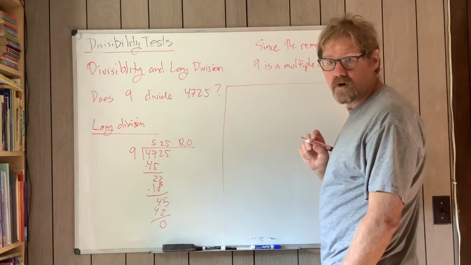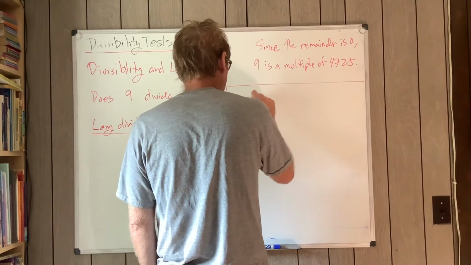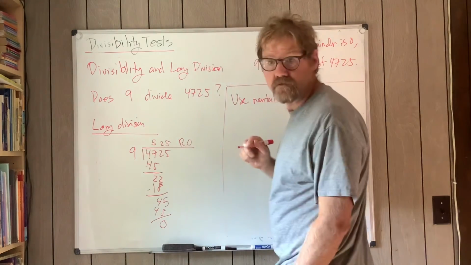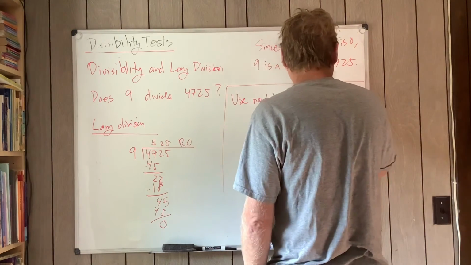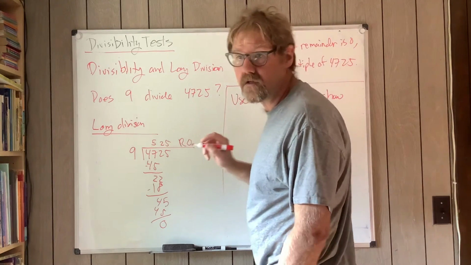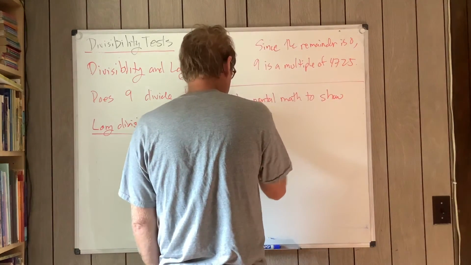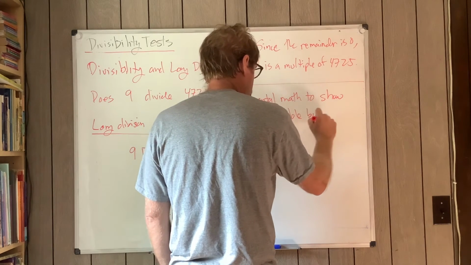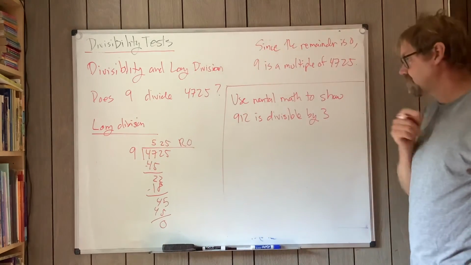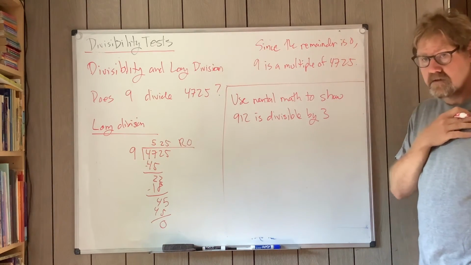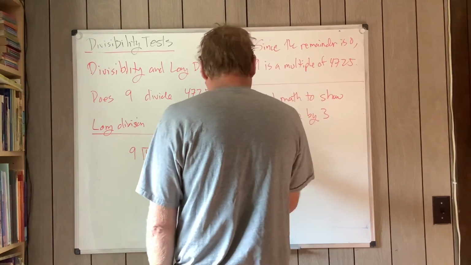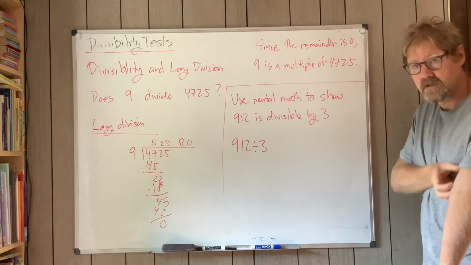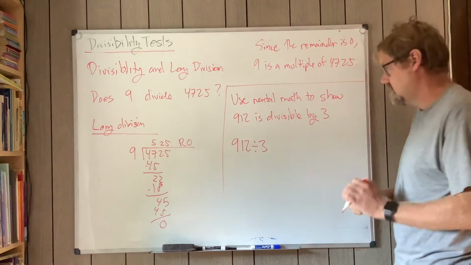Okay, let me do one more. To show 912 is divisible by 3. Basically what we're trying to do is do this in our head.